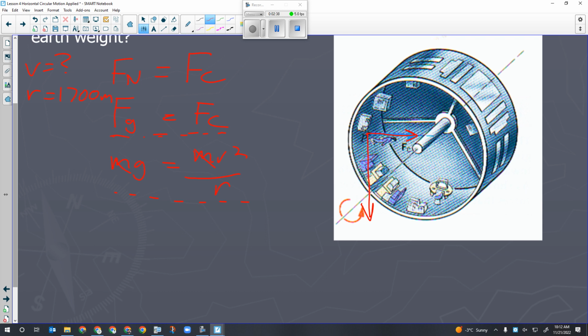So I multiply both sides by r, and then square root. I'd be left with the square root of g times r equals v. So g times r, square rooted, will give me the speed at which that station has to turn. That would be the square root of 9.81 times 1,700.